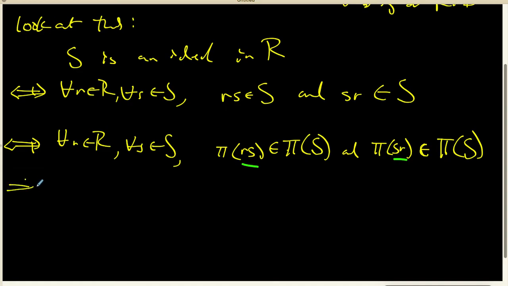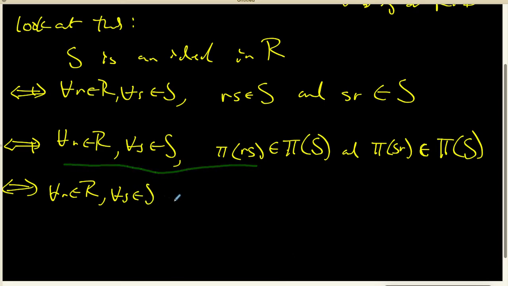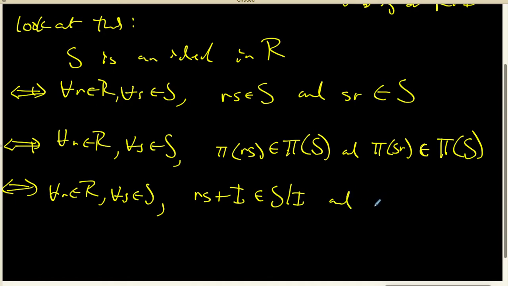So what we now have is that this step here is true if and only if, for every r inside R and every s inside S, we have rs + I has to be inside S/I, and we have to have sr + I has to belong to S/I.